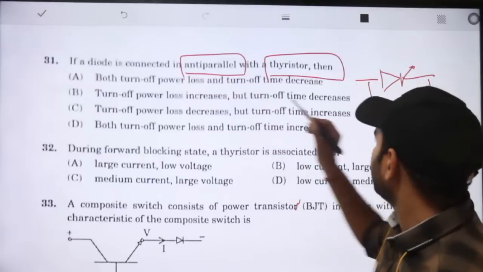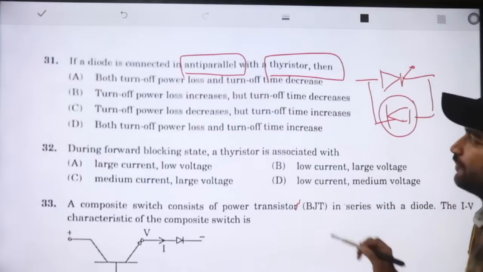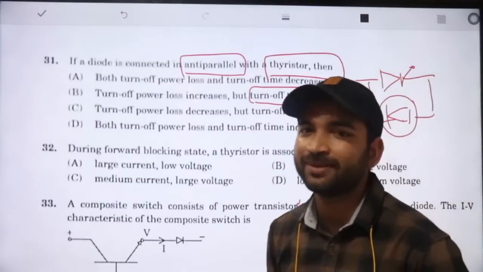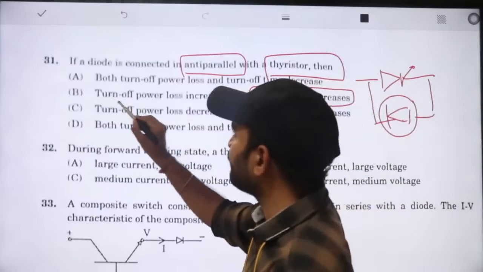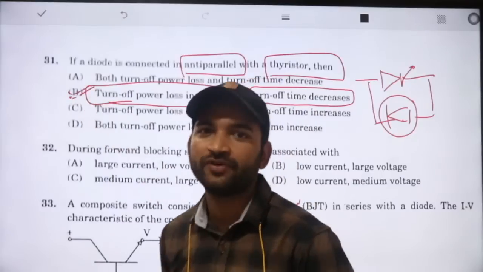Whenever you connect a diode in anti-parallel with the thyristor, the turn off time will decrease. Why? Because it is connected in the negative period. So the turn off power loss will increase. So the option will be B for this question.